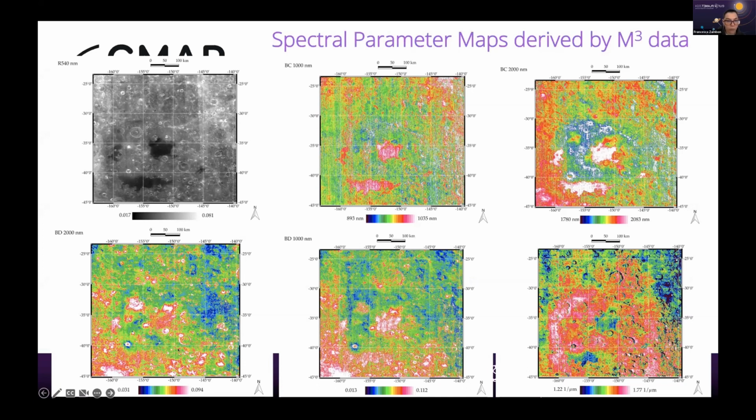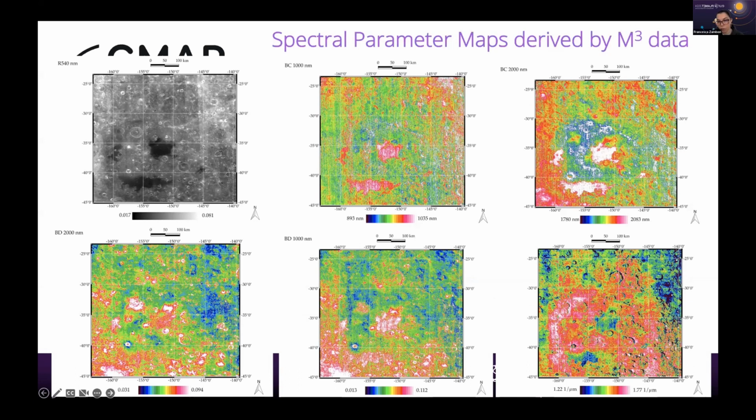And then you also see the band depth distribution. So we have that the band depth are deeper in this area than in the rest of the basin.